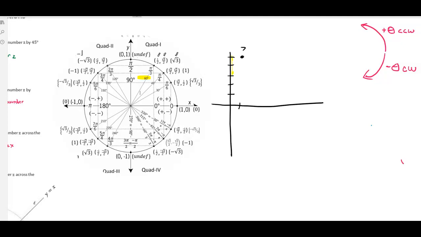So right there. All right. And I ask you to do this to it. R, lowercase r, real axis, Z.